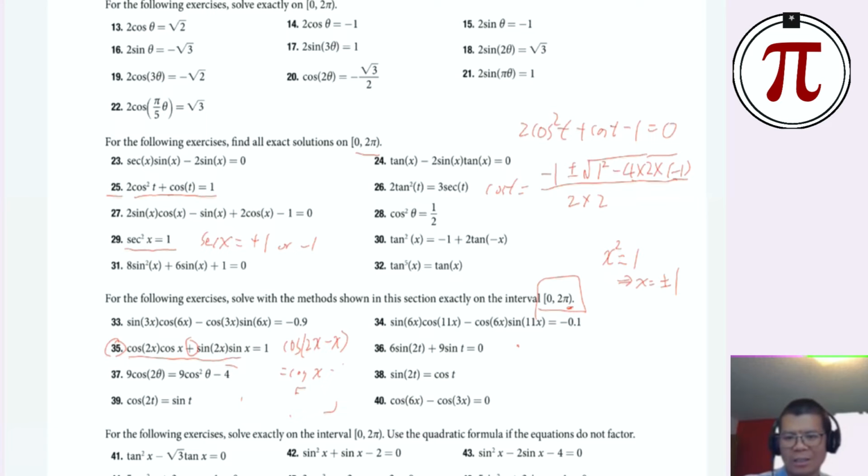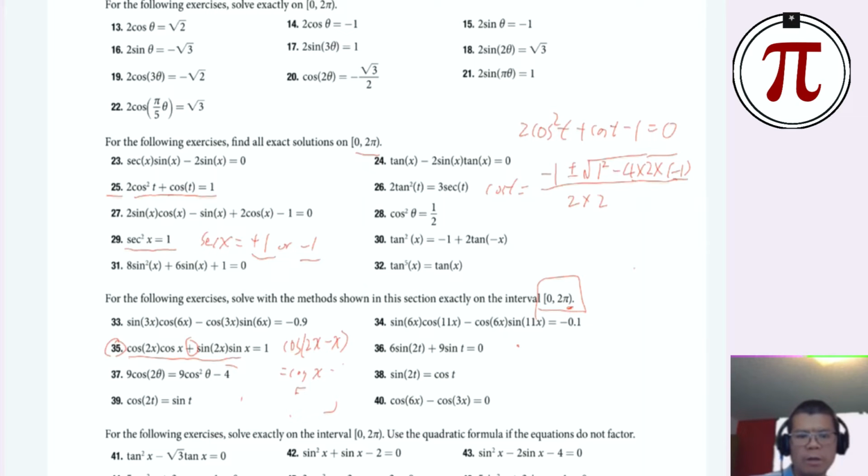The square of 1 is 1, the square of negative 1 is also 1. You cannot miss negative 1 here.